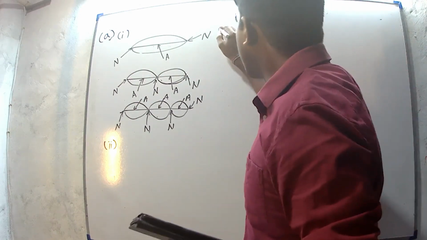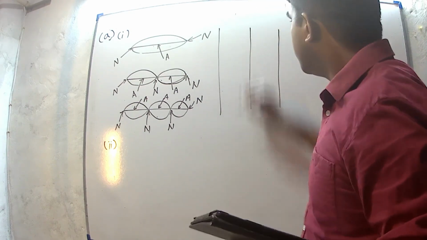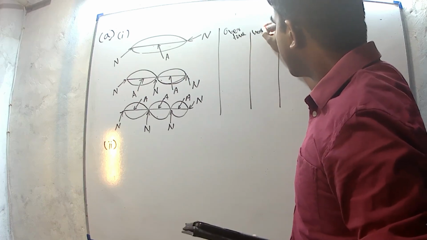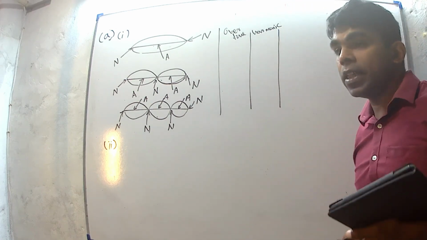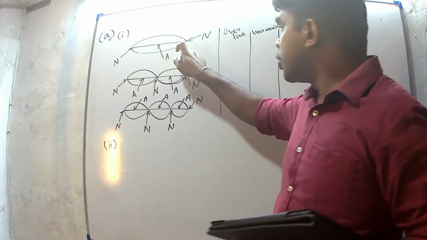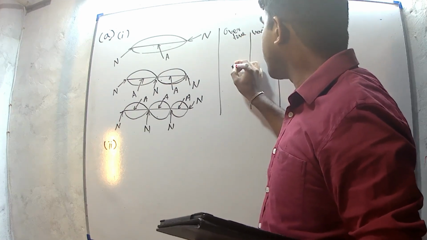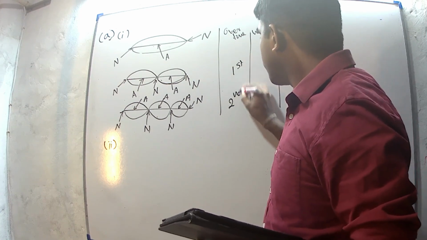I will write overtone number and harmonic number. We have to identify the nth harmonic. This one is the fundamental, this one is the first overtone, second overtone.